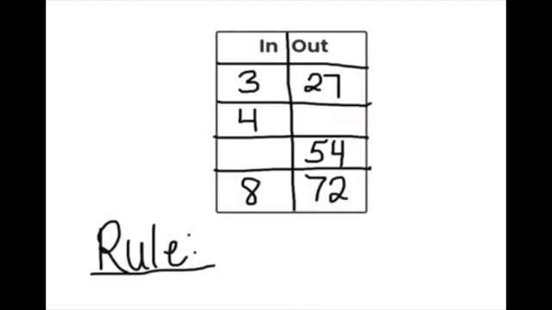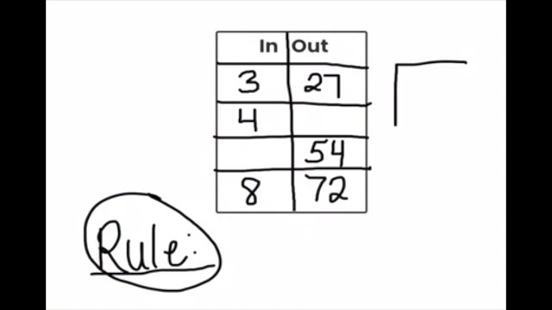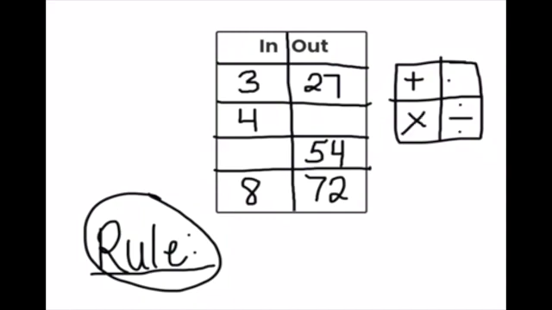All right, so before you pause the video and try this last problem today on your own, I want you to think again about what's the pattern or what's the rule that you are noticing. Think of the 4 operations that we have worked with and eliminate the ones that don't make sense, okay?